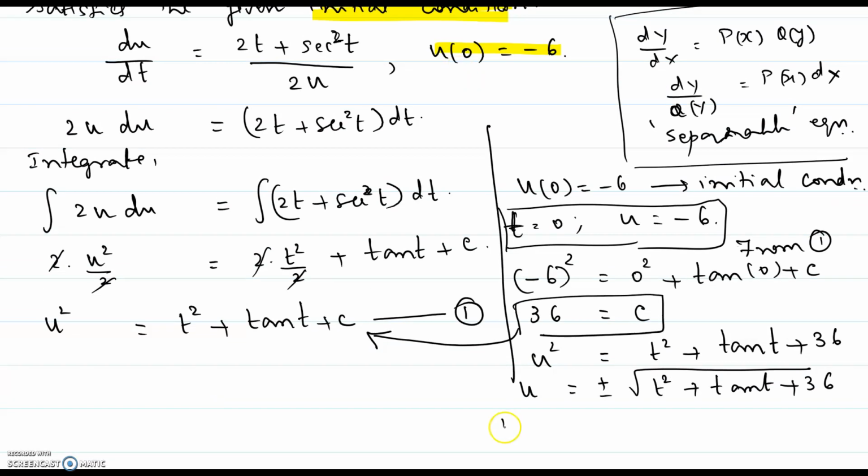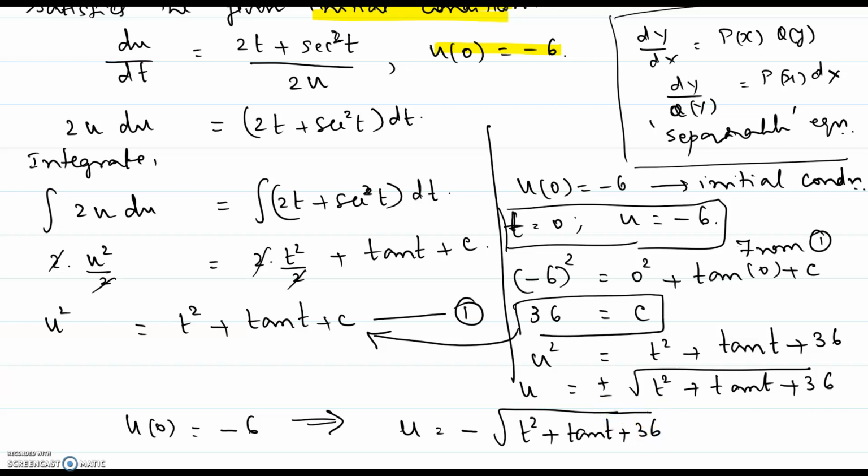You are given u of 0 equal to negative 6. So at the value 0, u value equal to negative 6. This shows that among the plus and minus, we have to choose only the negative. So it's a negative square root of t square plus tan t plus 36.